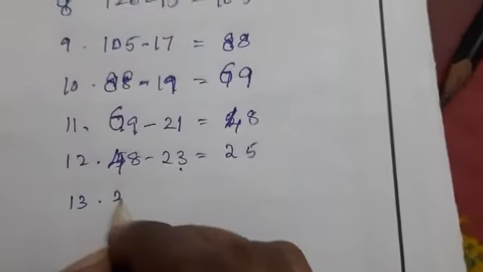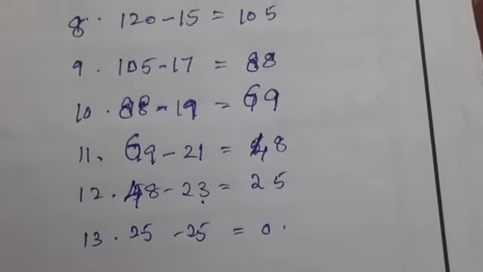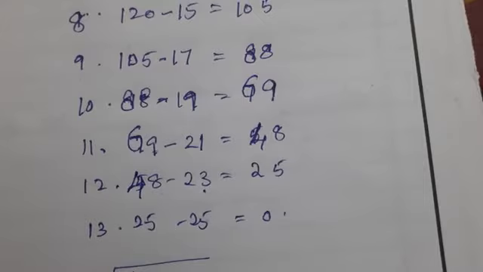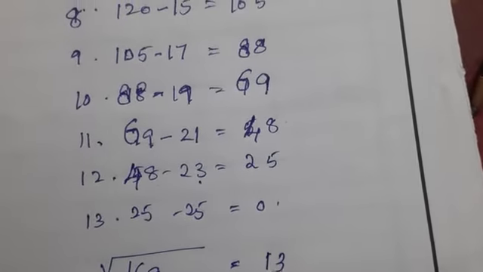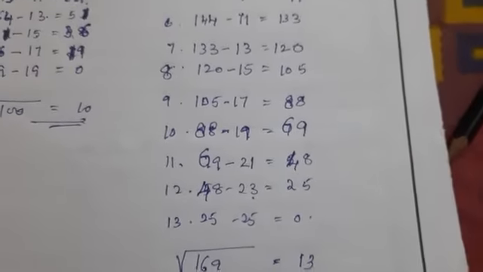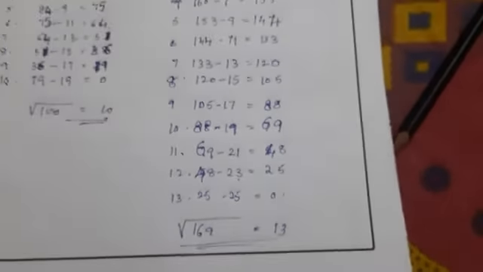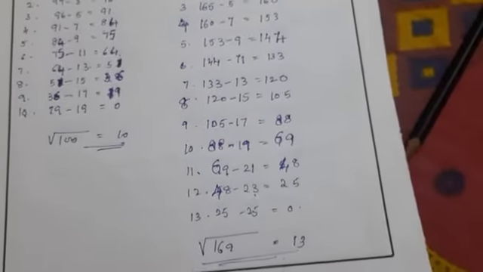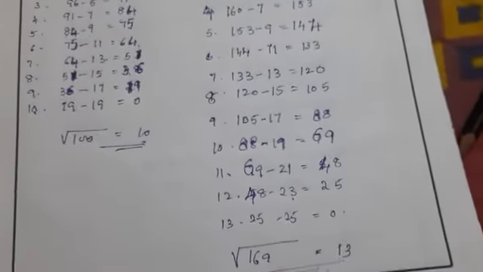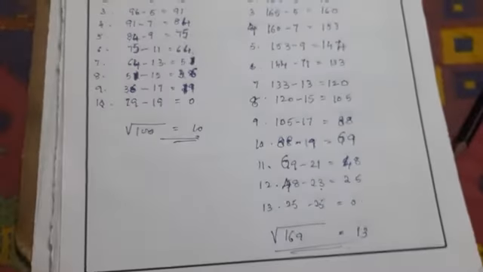Thirteenth, 25 minus 25 is equal to 0. So therefore square root of 169 is equal to 13. So this is how you find the square roots using the repeated subtraction method. If you go wrong at one point, then the whole sum goes wrong. So you need to be very, very careful.